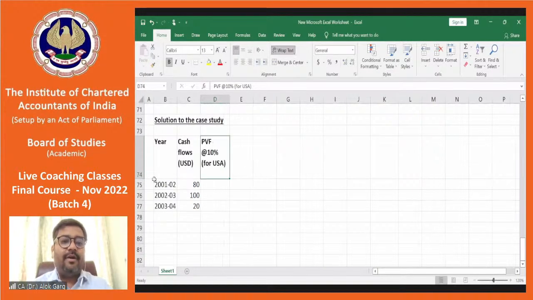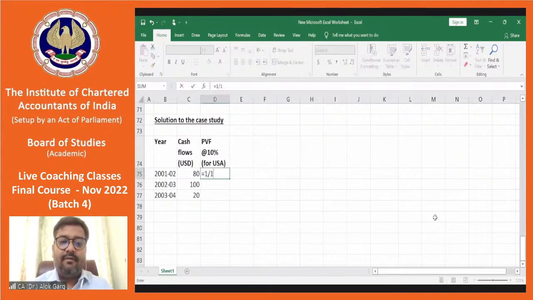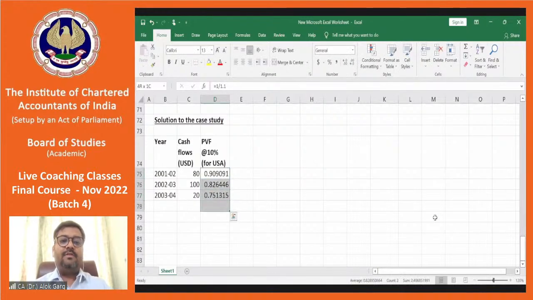So what is the discount rate, guys? 10%. And what is the present value factor here? If it is 10%, it is 1 divided by 1.1, divided by 1.1, divided by 1.1, right? So this will be my discount rate.